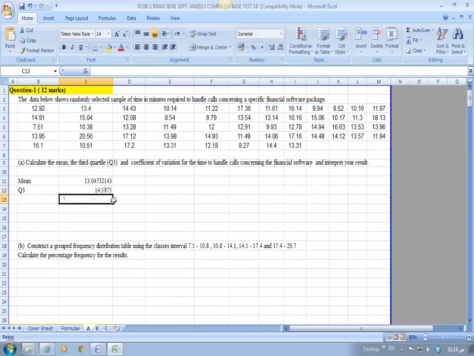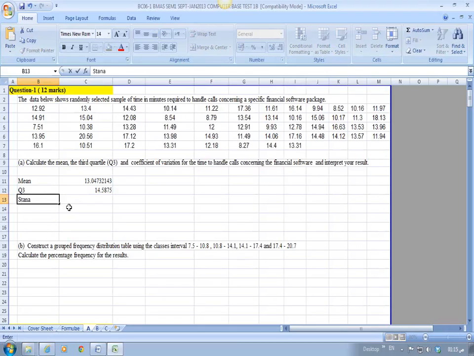Press enter. Then next is to calculate coefficient of variation. Coefficient of variation is to divide the standard deviation by the mean. We already calculated the mean, so we need to calculate standard deviation.